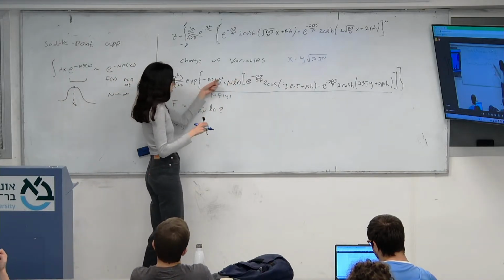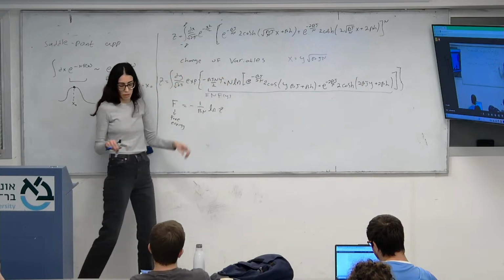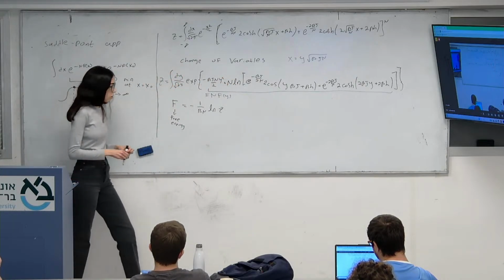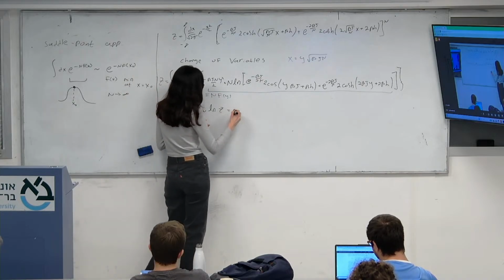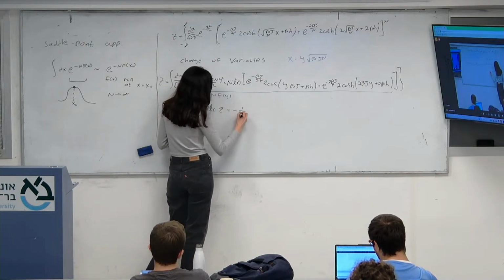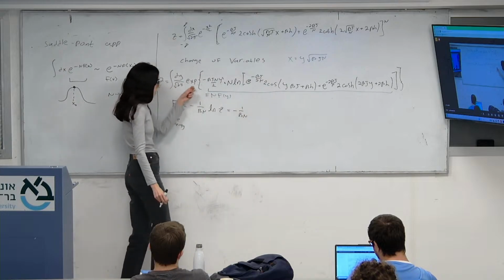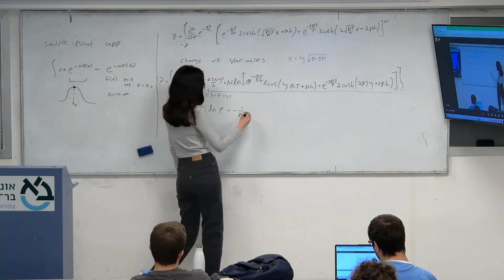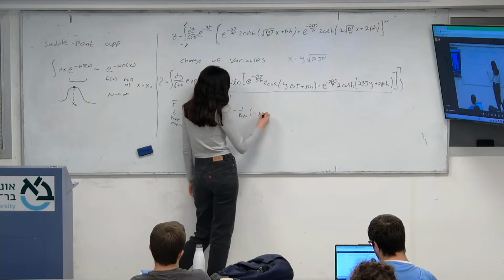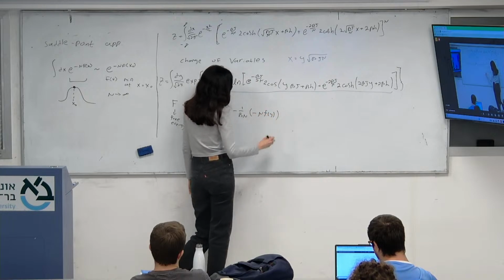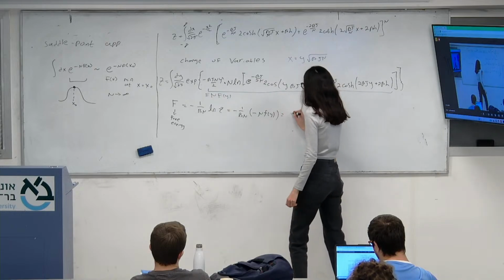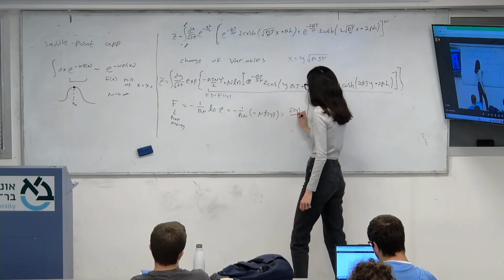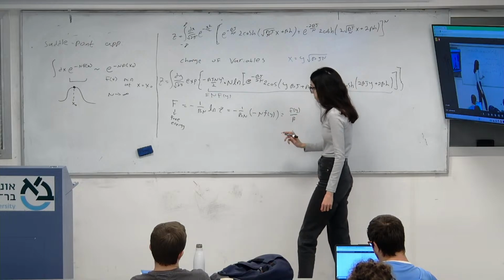You see that I have n here and I have n here, so I can take n outside. Following this definition, I have minus 1 over beta n, and then I take the log of this exponent, and I have minus n f y. So this is just f of y over beta.